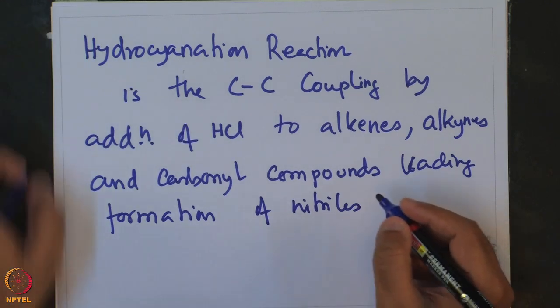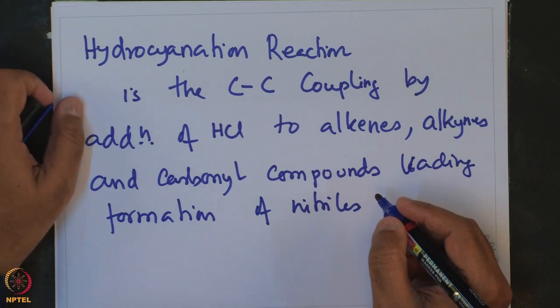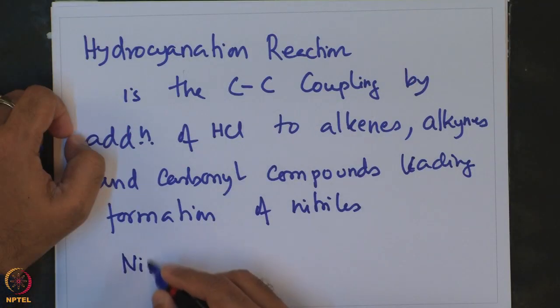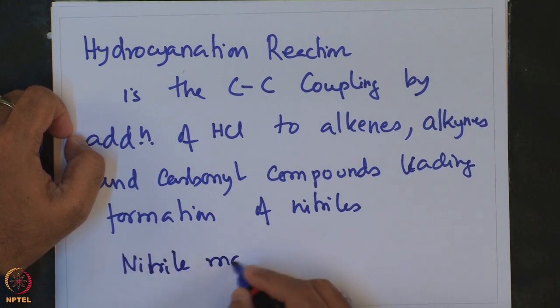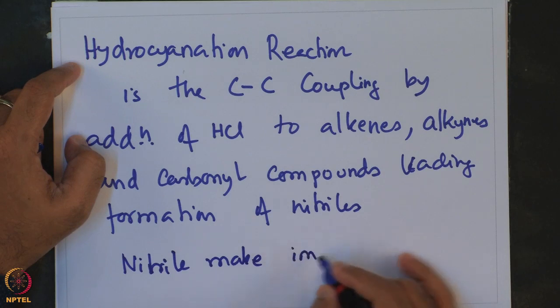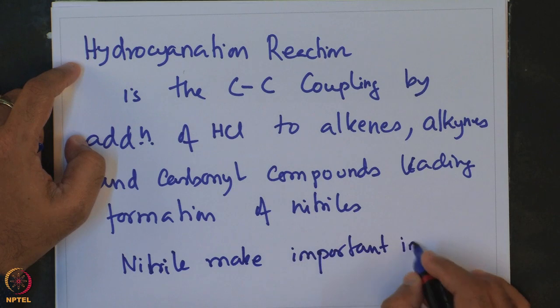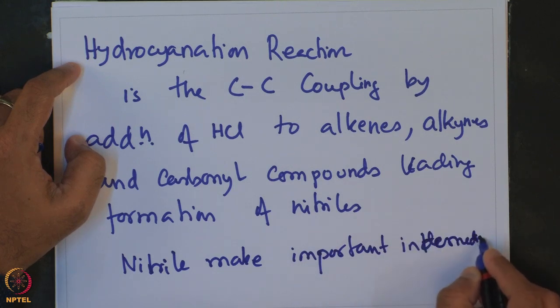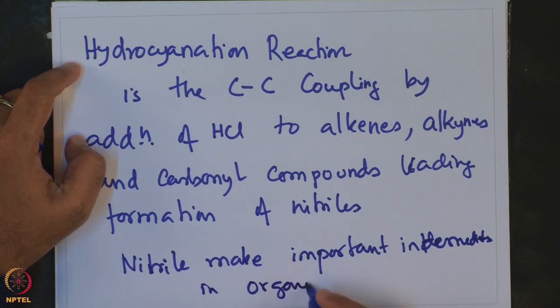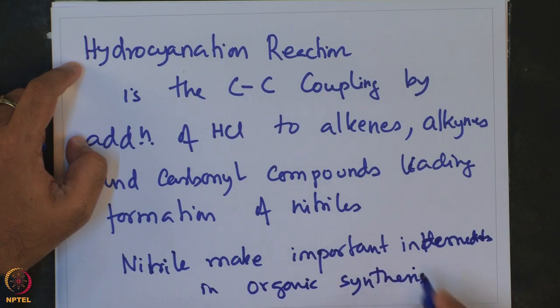Nitriles are important intermediates to many types of organic compounds. These nitriles can give access to very many different compounds, because modification of cyano groups to other functionality broadens the scope of the reaction.